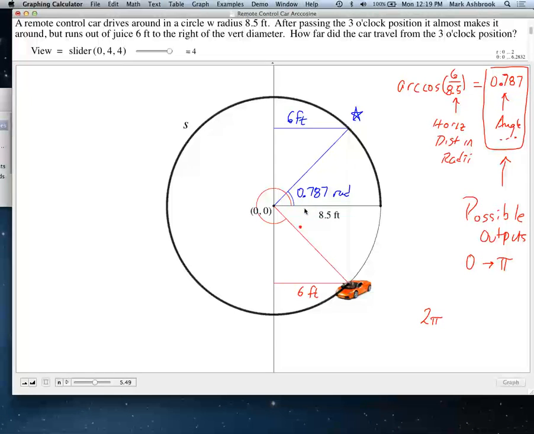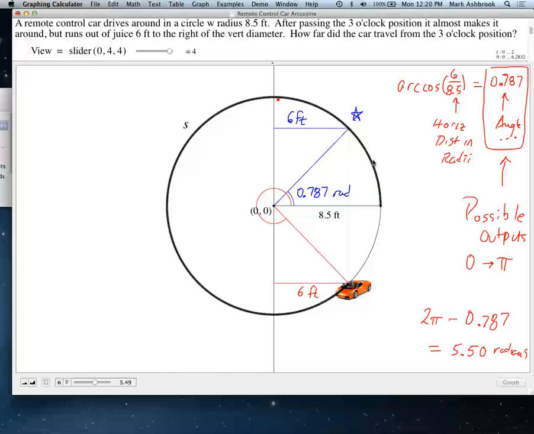So if we went 2 pi and then minus 0.787, what do you got? Put that in your calculator. 5.50. And what's the units on that number? Radians. That's our angle in radians.